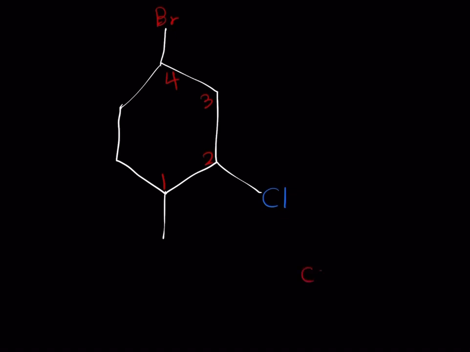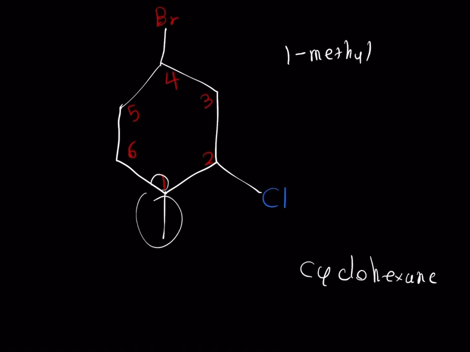Now this is going to be, let's write it in white, cyclohexane, because we have 6 carbons in total. And then the first substituent that we're going to write, so let's write out all the substituents. So we have 1 methyl, that is right here on position 1.